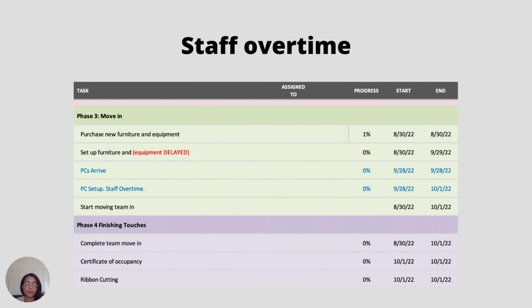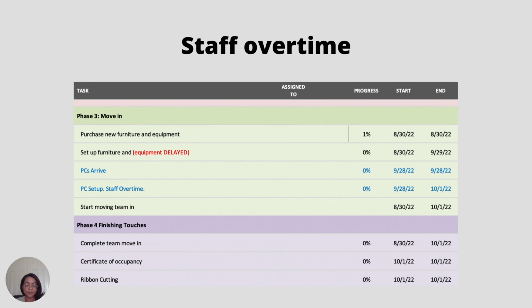Staff overtime. This one's going to be kind of close. The PCs arrive as long as nothing else goes wrong. And then once the PCs arrive, we have 3 days for the setup, staff overtime. And then what we would do is start the team move-in even before the PCs arrive.